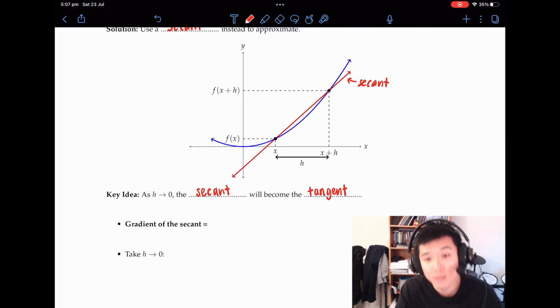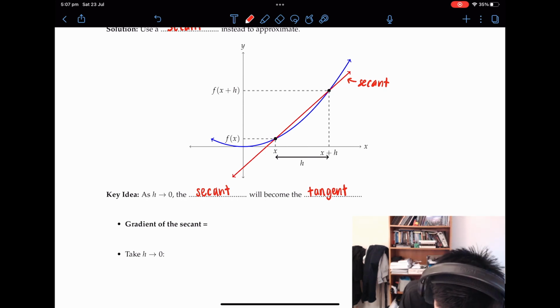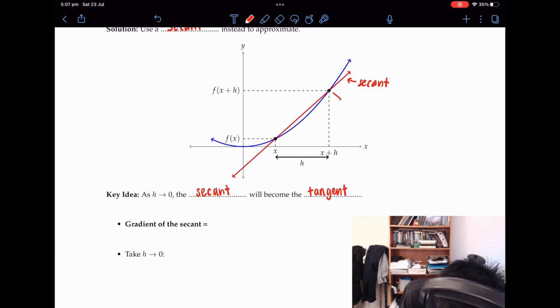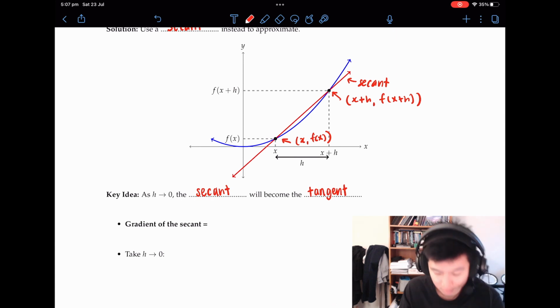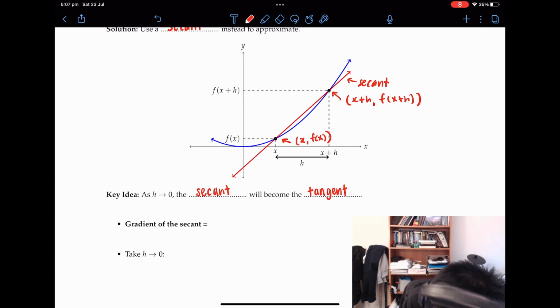And the gradient of this secant, we can find an expression for that, because we have those 2 points that we need. So if we look at this point up here, that's the point x plus h, f of x plus h. And this point down here, that's the point x, comma, f of x. And so y2 minus y1 over x2 minus x1, that's the gradient formula, so we're going to use that.